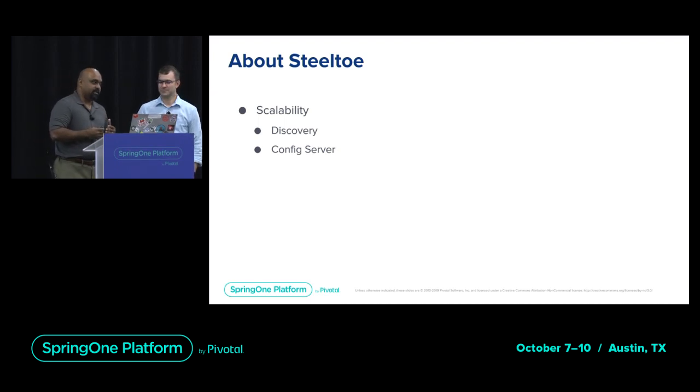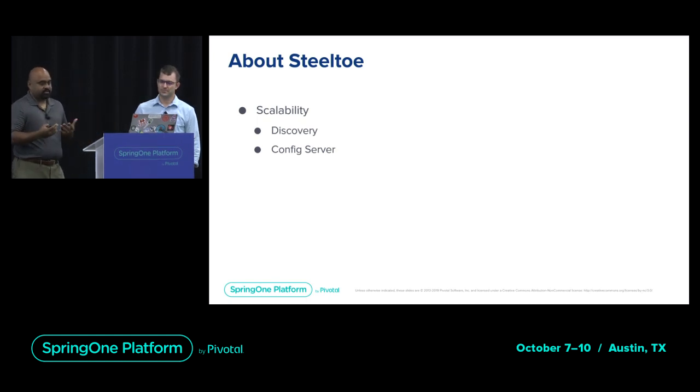So about Steeltoe. We primarily have these areas of helping you with your microservices deployments. The first is scalability. So you have a microservices style architecture, and the reason you're doing that is monoliths are not easily scalable. So you've split your app up into a microservice architecture. So now you're going to have a few problems. This is the area where we're going to help you with, for example, things like discovery. And how does it help?